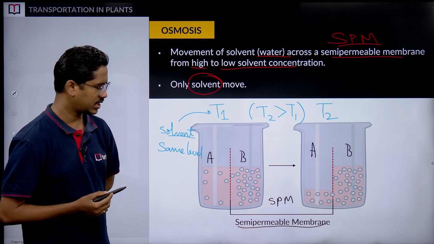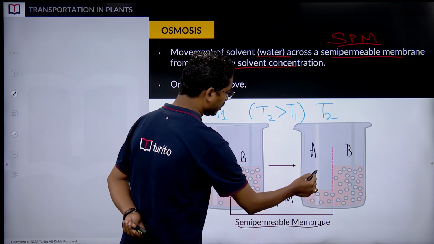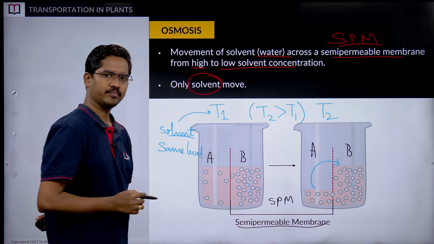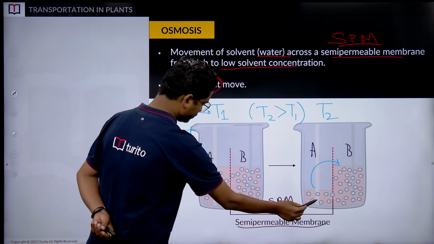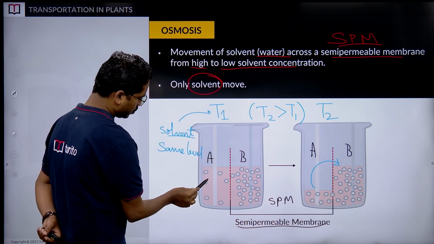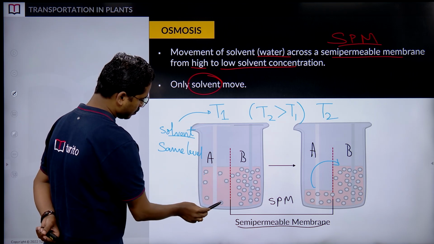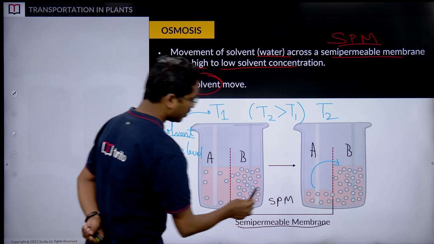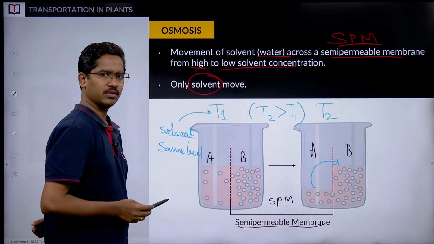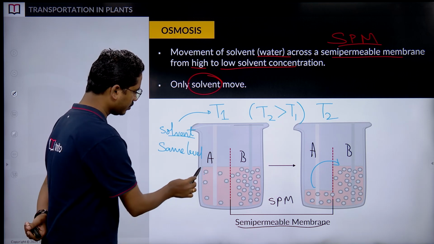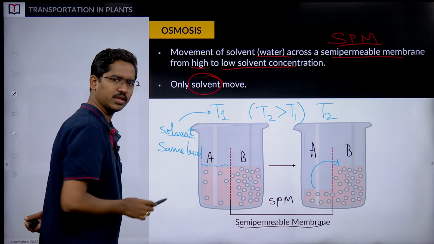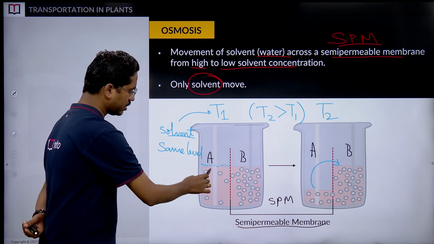Now, what you have to understand here is from the region A you see solvent has moved to the region B, but look at the solute, solute stood same. So, let us count here 1, 2, 3, 4, 5, 6, approximately 6. Solute was same, but what you see is at time t1 in the region A of the beaker, the water level was still here.